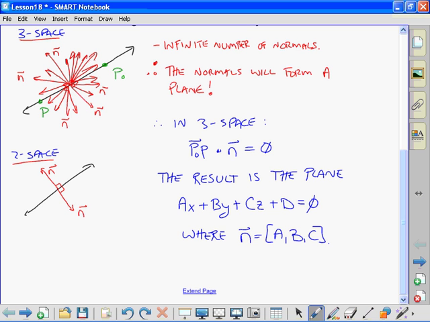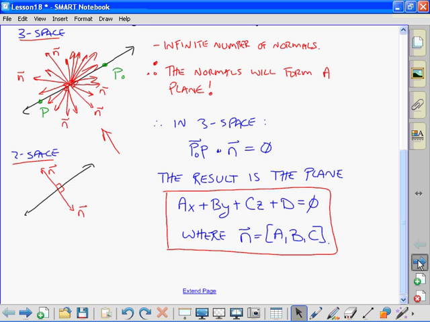Okay? So there's the explanation. Here is the formula for the scalar equation of a plane in 3 space.